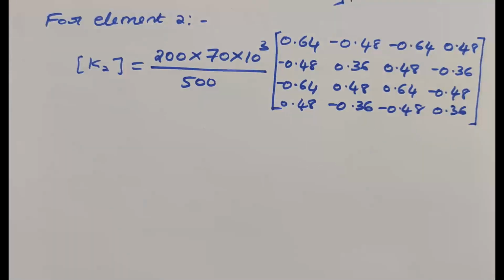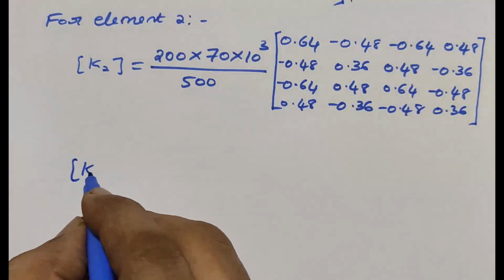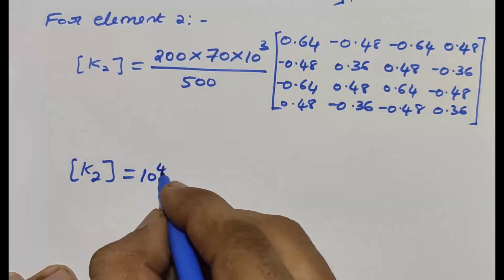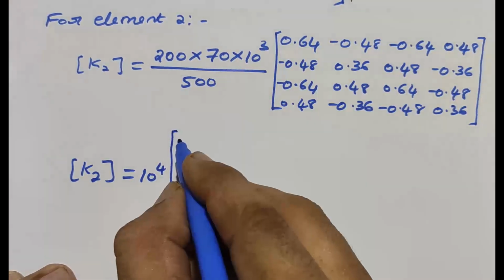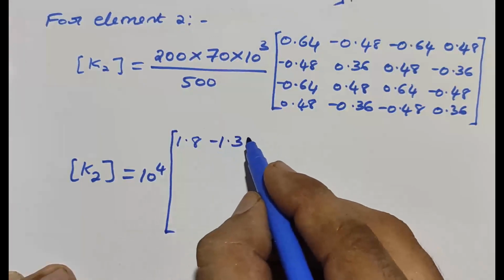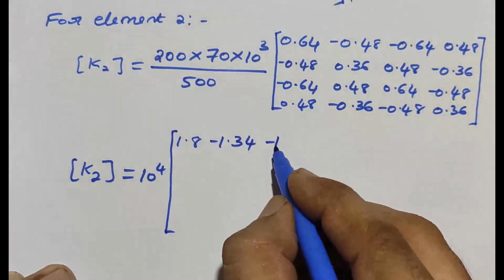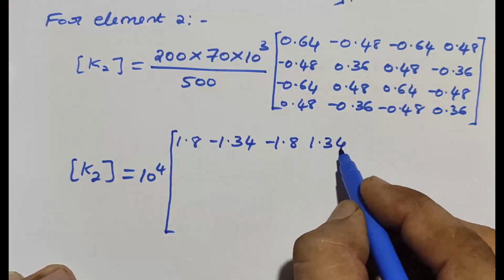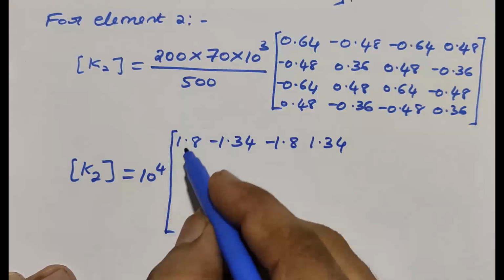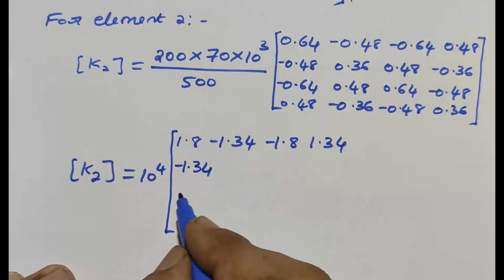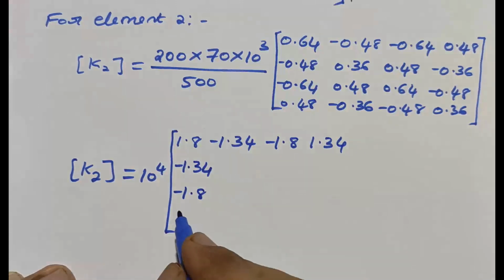If you simplify this, you will get K2 is equal to 10 to the power of 4, 1.8, minus 1.34, minus 1.8, 1.34. Due to symmetry, here I can write minus 1.34, minus 1.8, 1.34.